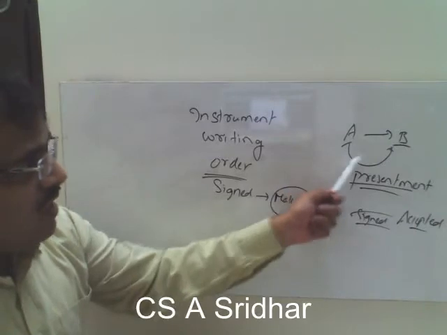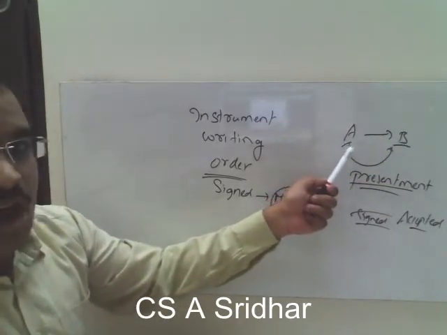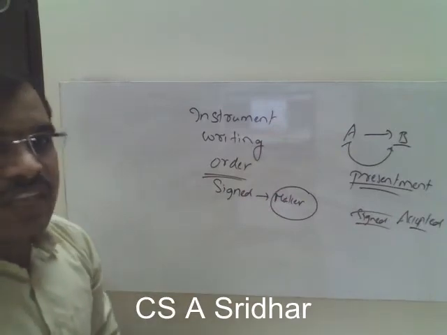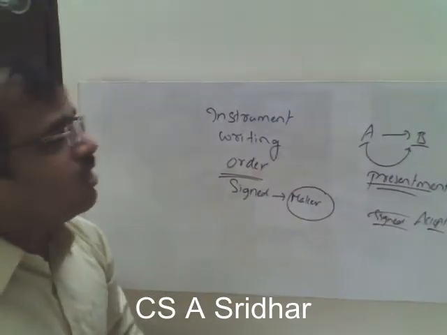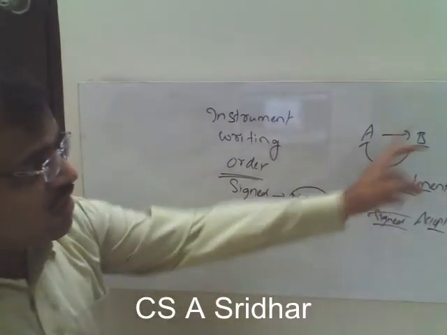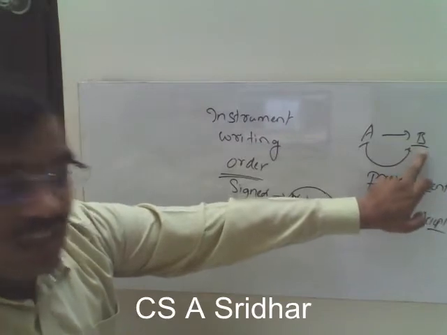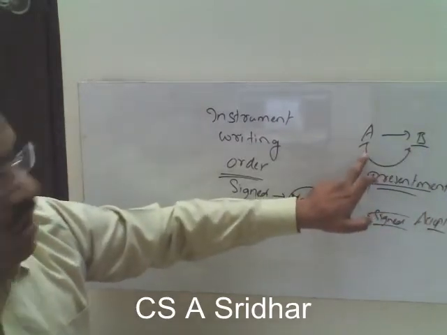Until that is accepted by B, the primary liability will be on A, because he is drawing the instrument. When that is accepted by B, it shifts to B. Now the primary liability will be on B and the secondary liability will be on A.